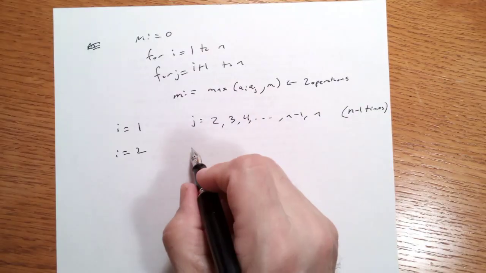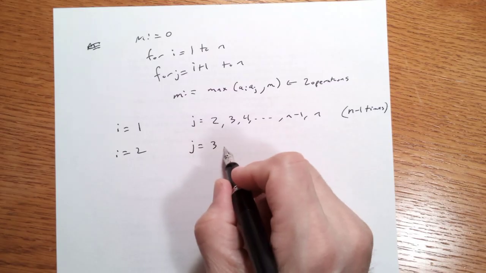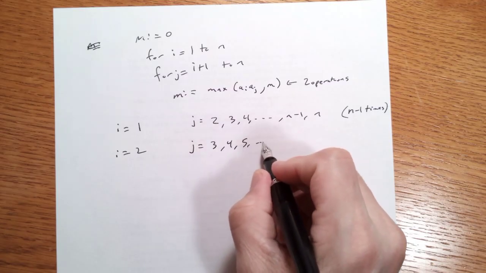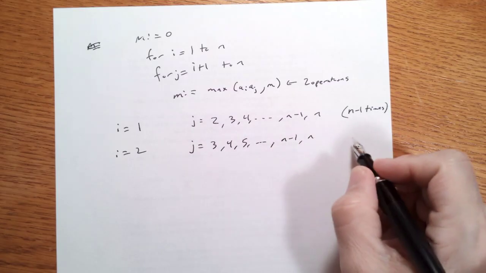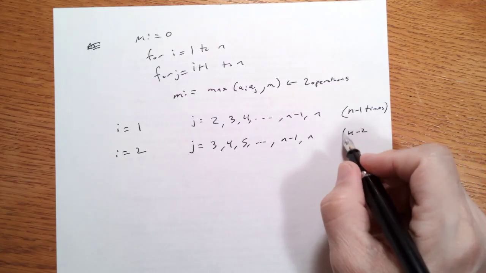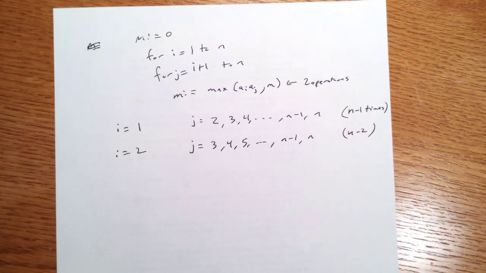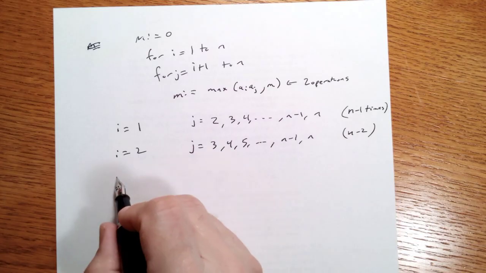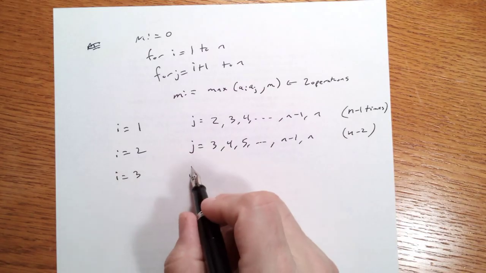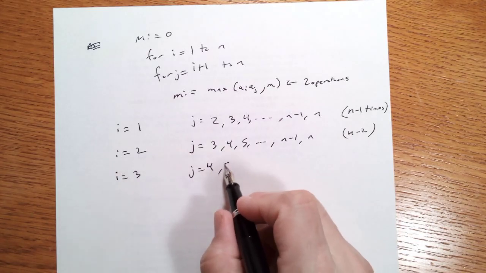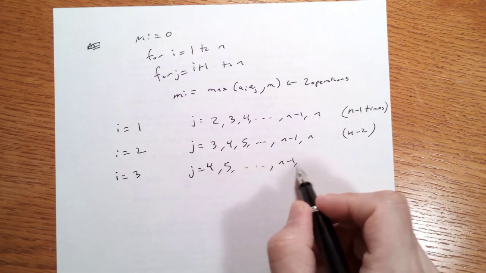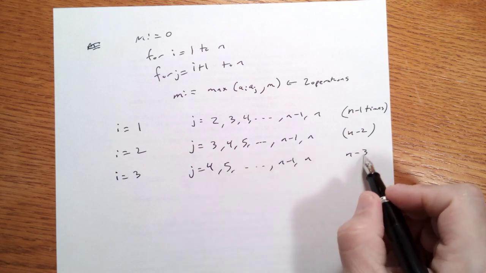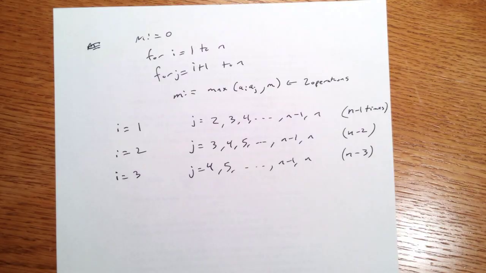What's j here? Oh, j starts at 3 this time. That's n minus 2 times. i equals 3 means j starts at 4. n minus 3 times.